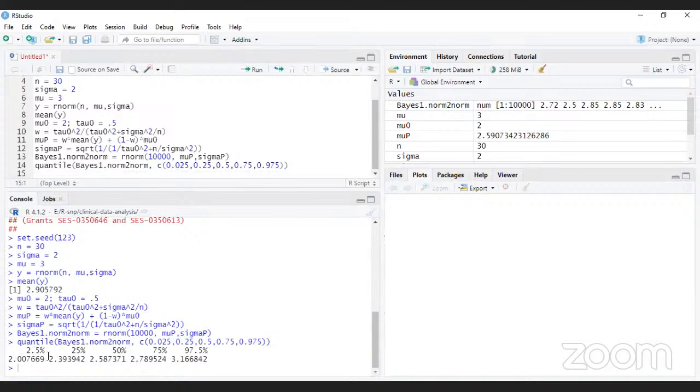As you can see, 2.5, 25, 50 is coming here, 75 and 97.5. That is the quantiles in the 4 parts. And you are calling the Bayes function, that is the MCnormal function you are calling.